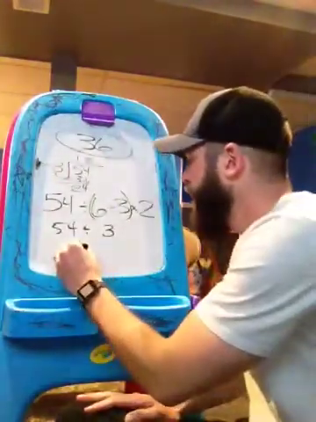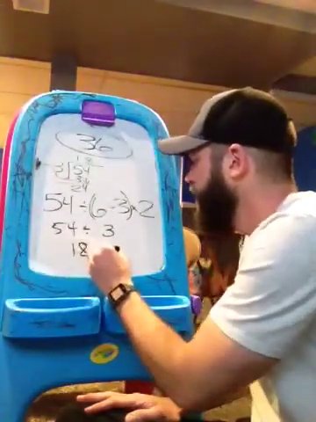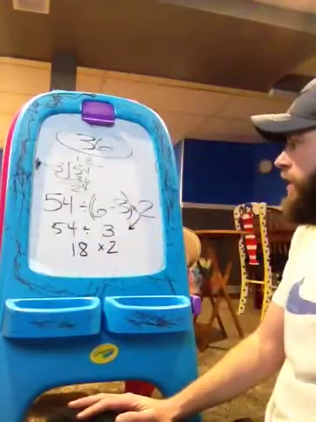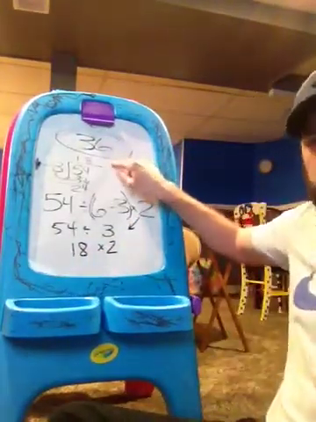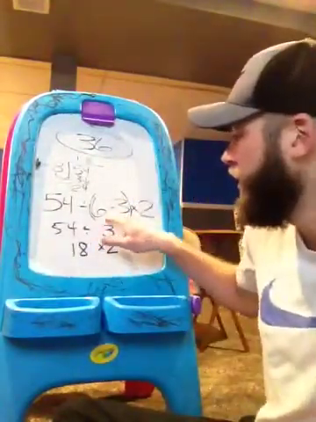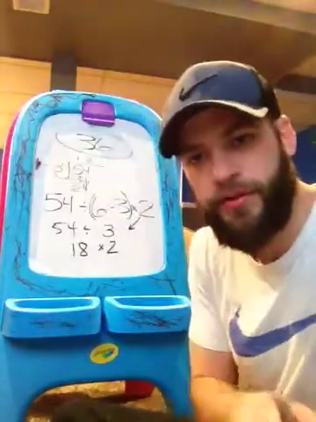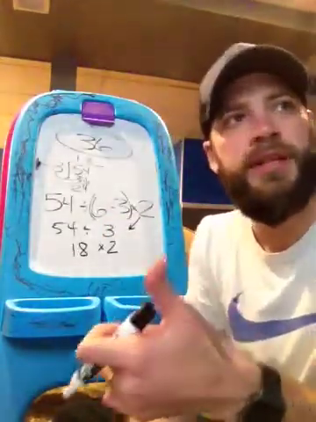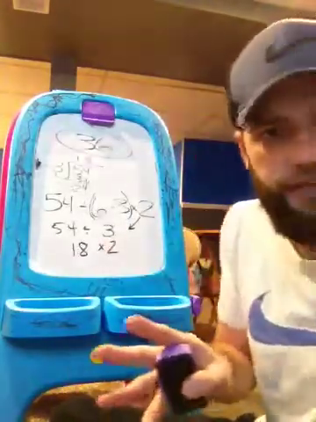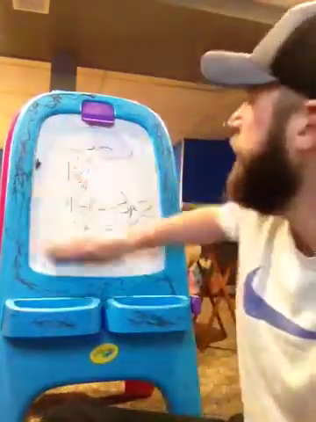So that would make that 18, and then you still have the times 2 here that would fall down. And then 18 times 2 is 36. So you're going to want to put the parentheses with the 6 minus 3 first. Cool? Be a little easier if this is multiple choice, but it's not, and that's all right. So that's what you want to do. A little difficult. All right, let's move on.